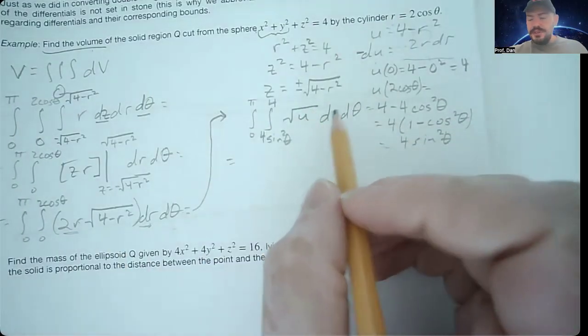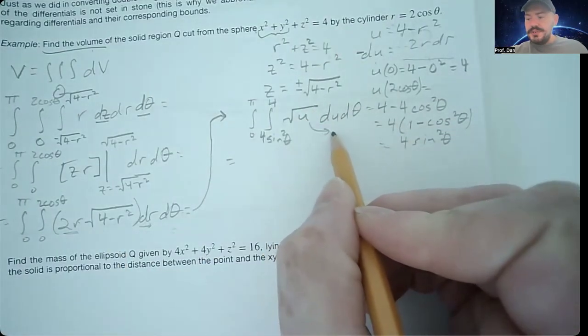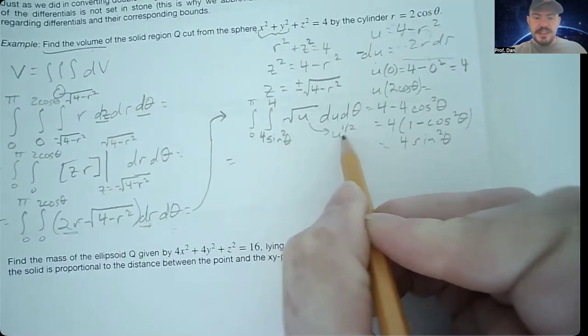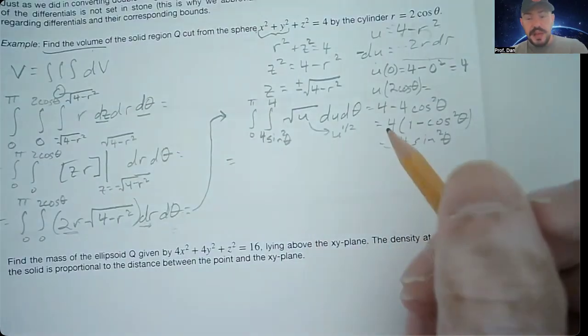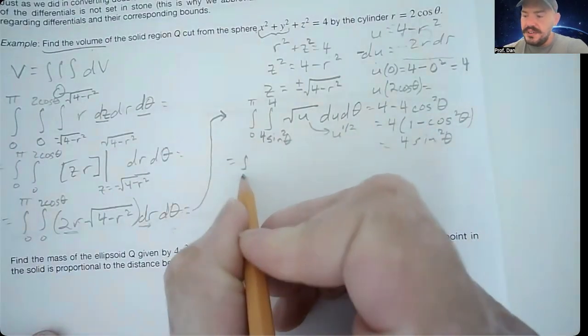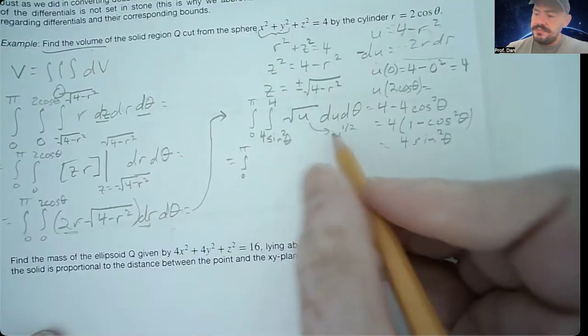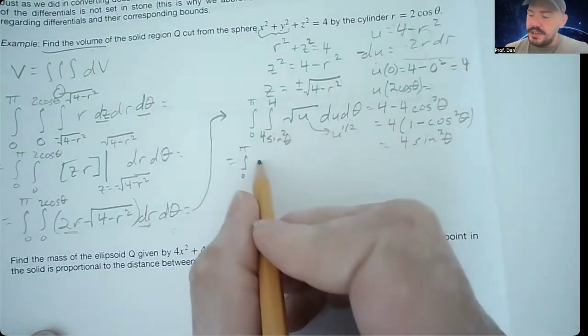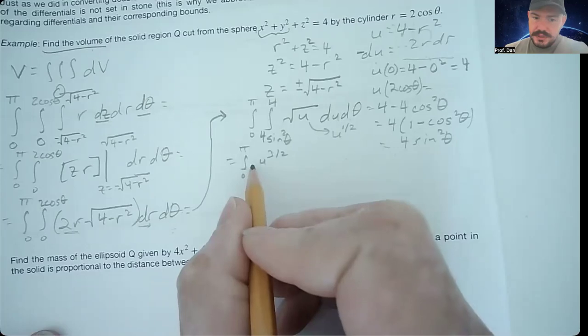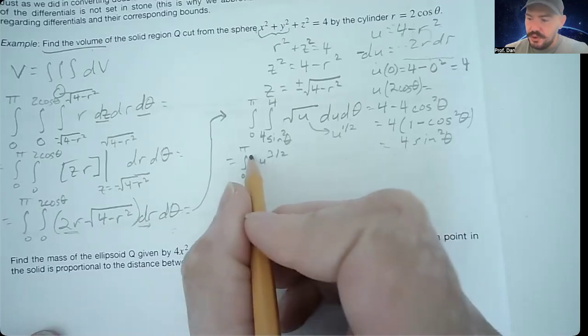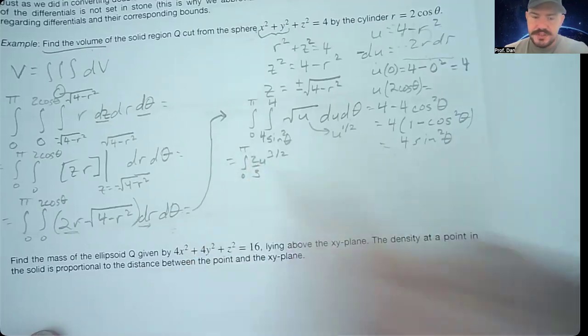So remember, when you're integrating square roots, you can always write that as a power. So when you find the antiderivative, you're just doing your power rule. So outside integral still untouched. Add 1 to the power, I get u to the 3 halves. Then divide by the new power. That'll be divided by 3 halves or times 2/3.